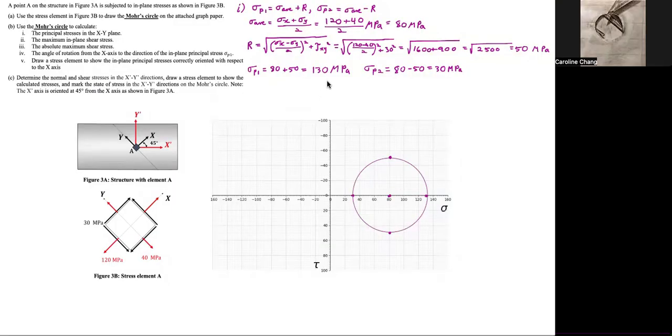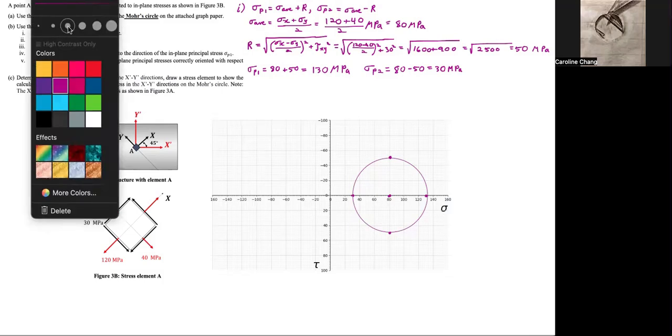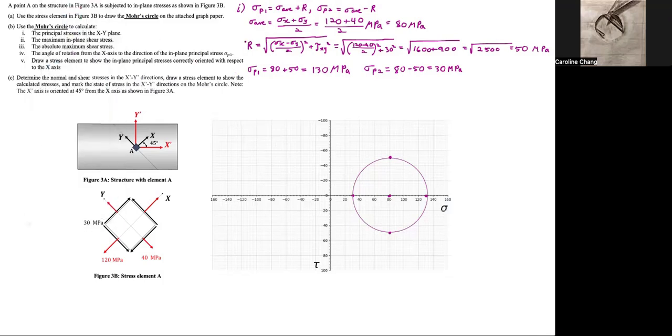So the next step they ask us is to find the maximum in-plane shear stress as we saw. So the max in-plane shear stress is always just our R value.